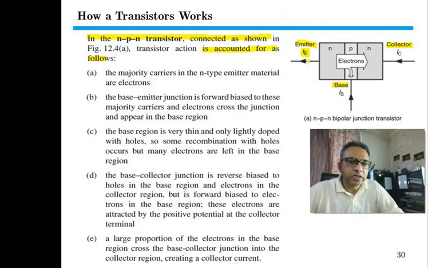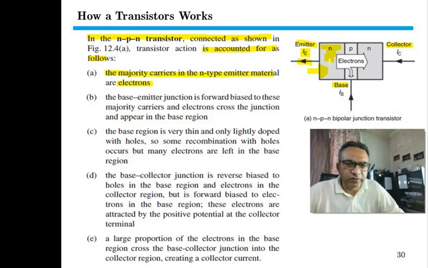IE means the traditional current flowing out of the emitter. It is flowing out of the emitter, hence the electrons or the electronic current is flowing in the opposite direction, like this. So now the majority carriers in the n-type emitter terminal material are electrons.